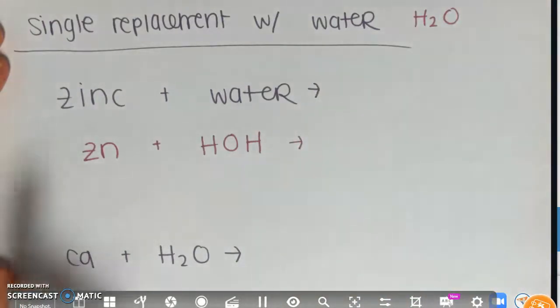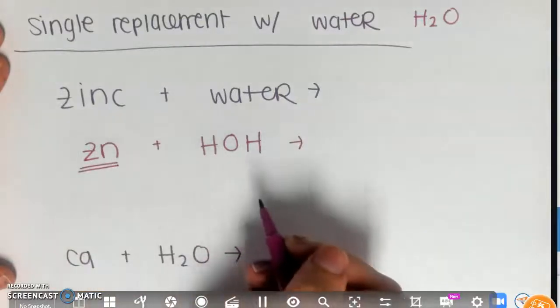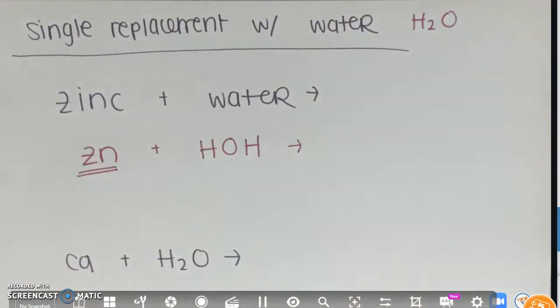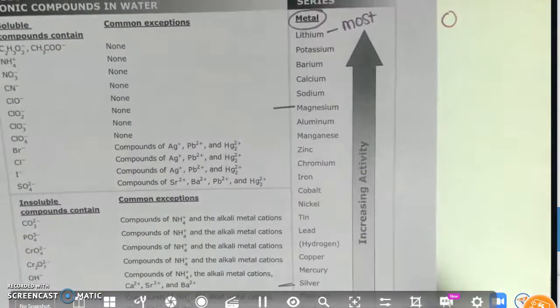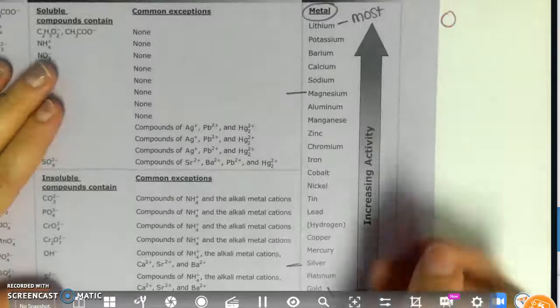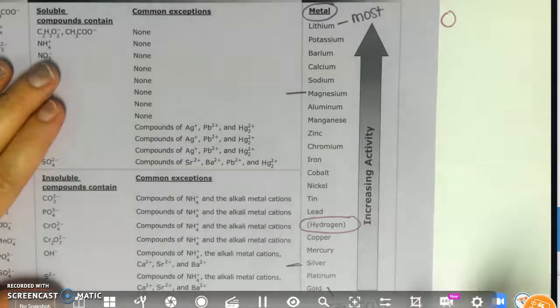So when you have a metal and water, zinc is a metal. On your list, hydrogen is on your activity series for metals. Hydrogen is technically a non-metal, but hydrogen acts like a metal. It has a +1 charge, and all metals have positive charges.